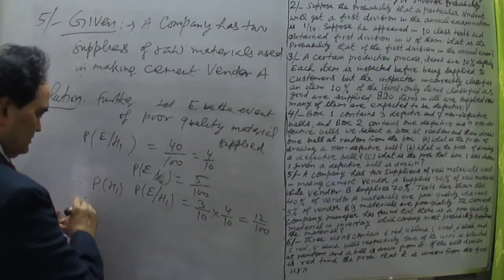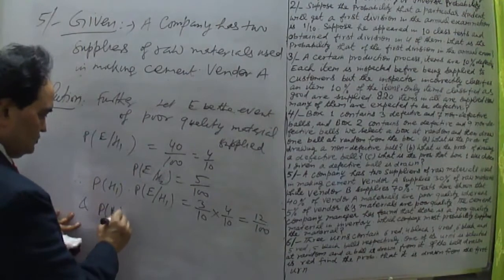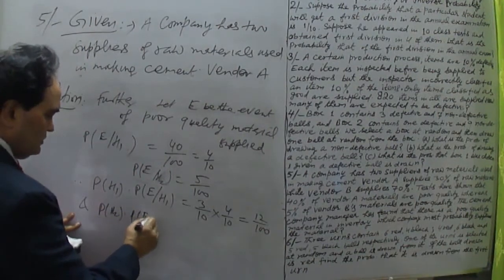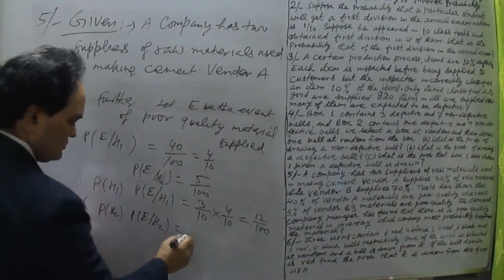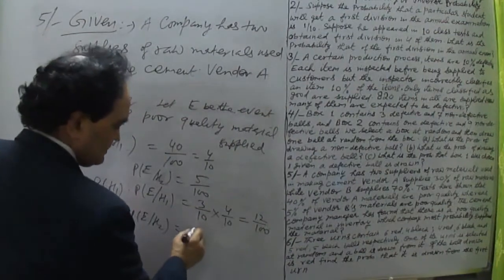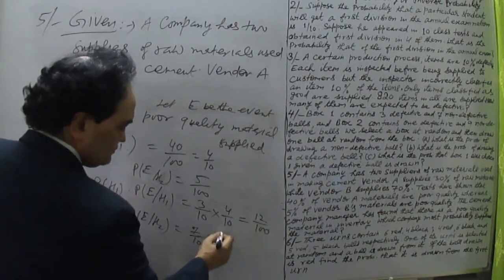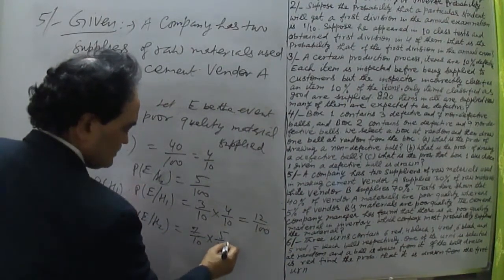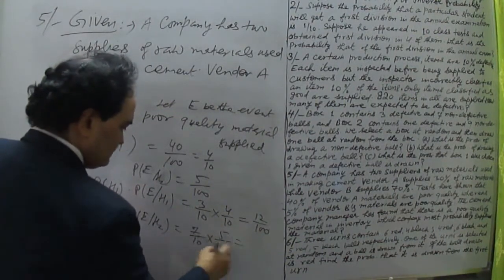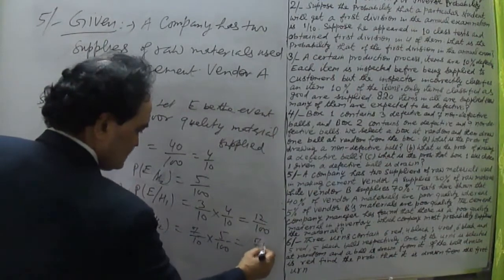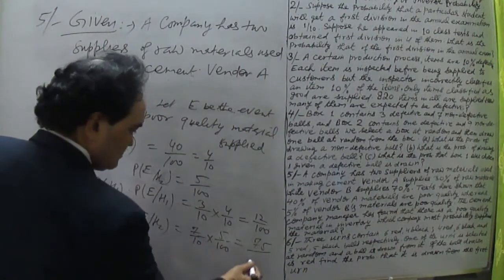And in the second case, the probability of H2 into the probability of E given H2 is equal to: he is supplying 7 upon 10, 70%, into 5 upon 100. So this will give us 35 upon 1000.